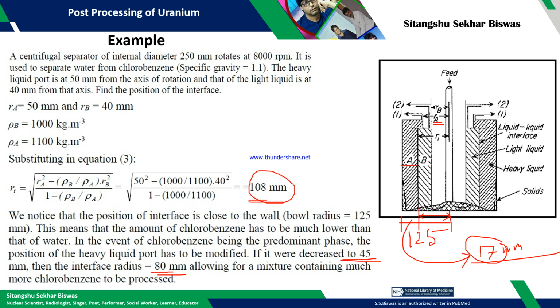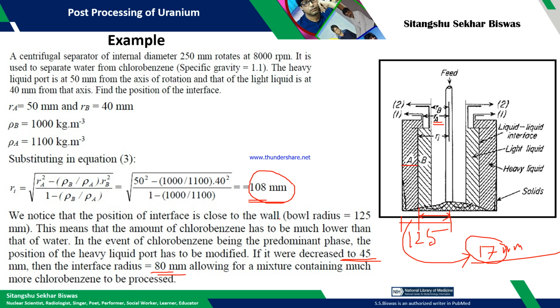The parameter which can be varied is the port distance from the axis of rotation. And how it is to be done, because this position of the interface is independent of omega.